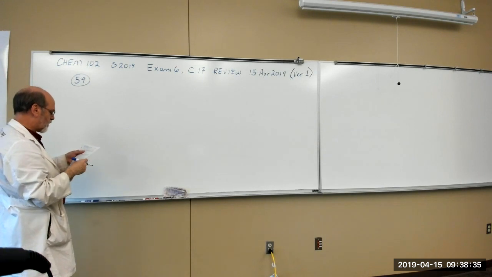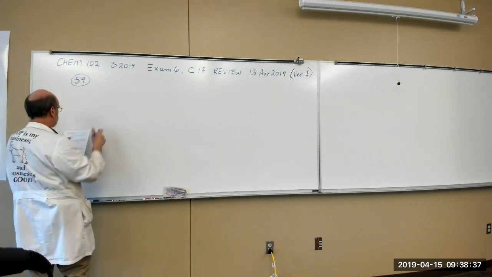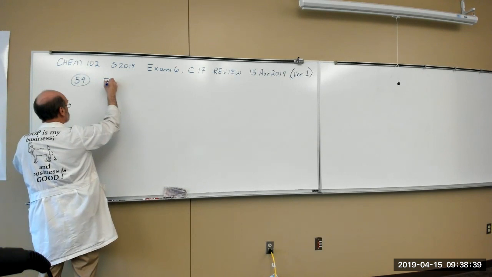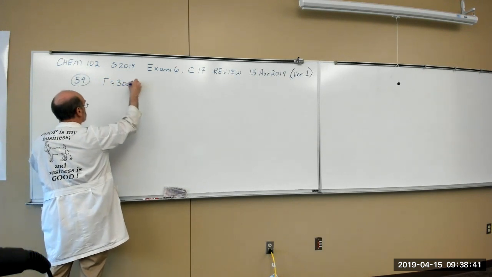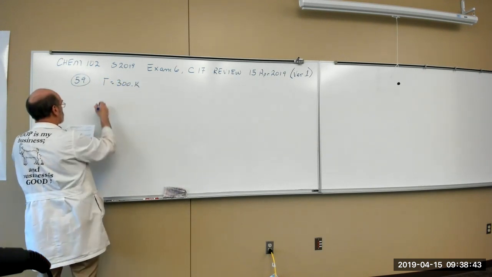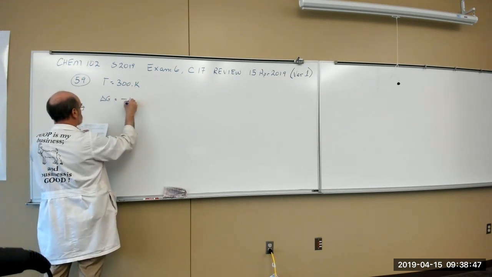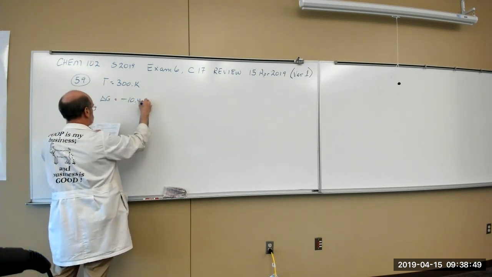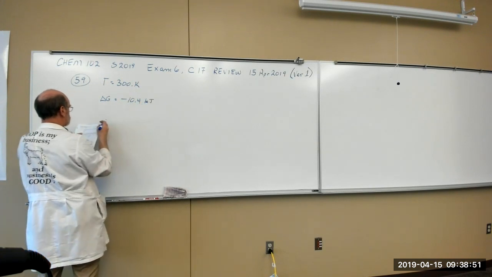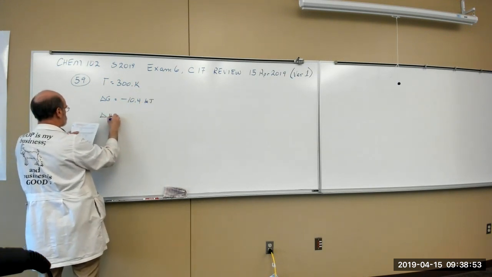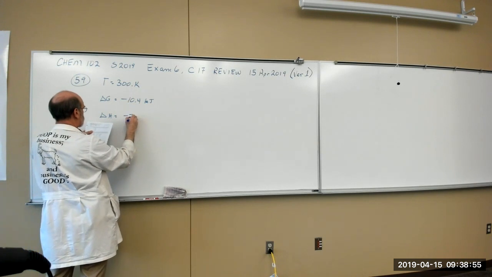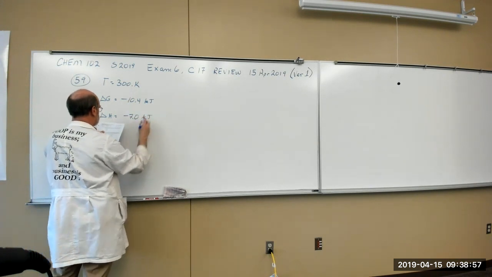It doesn't even describe the process, it just gives you the information. So we've got a temperature of 300 K. We've got a delta G of 10.4. Delta H minus 7 joules.